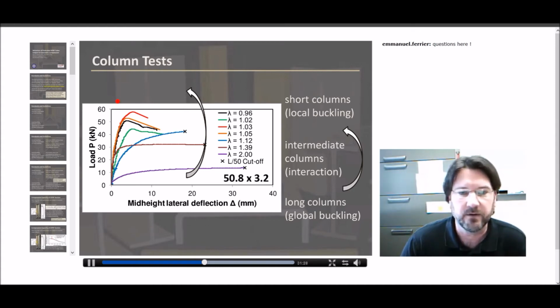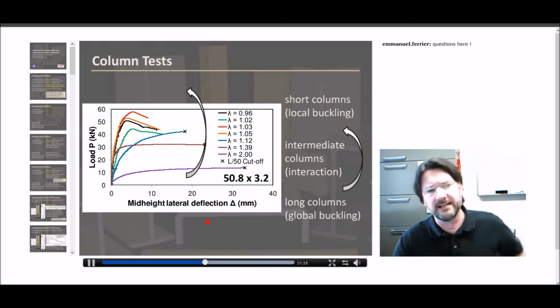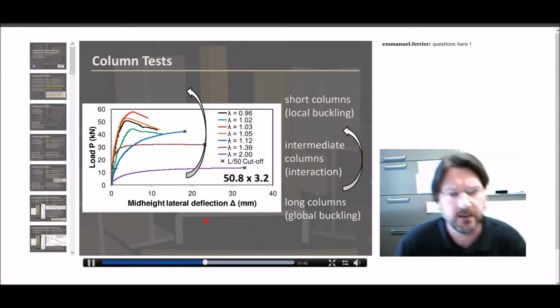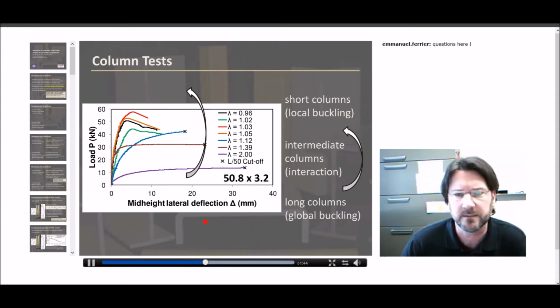And in fact, we don't even have the short columns plotted on this particular plot. And we do have cutoffs, the little X values. We arbitrarily stop the test at a mid-height lateral deflection of the height over 50. And this is partially for safety issues. We don't want the columns snapping out of the test frame and flying across the lab.